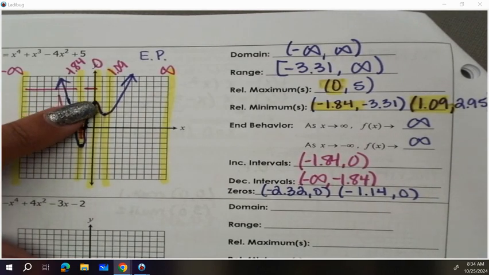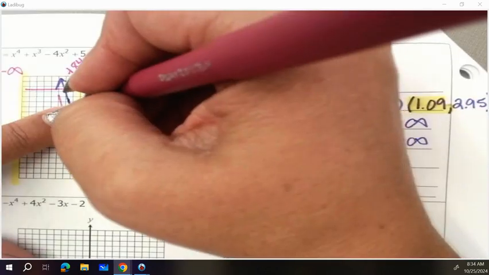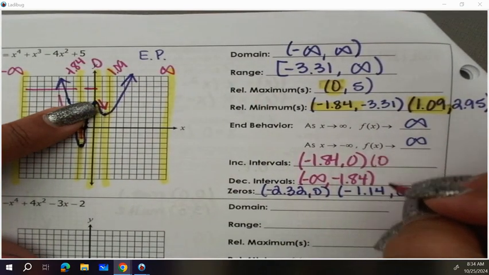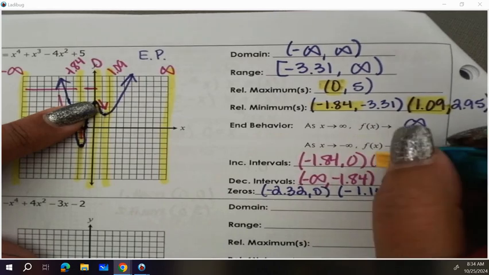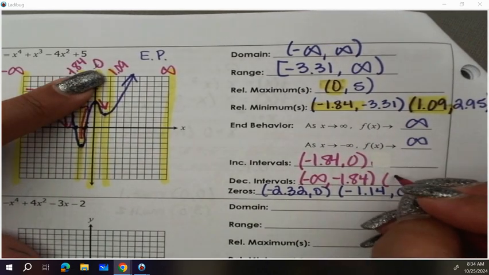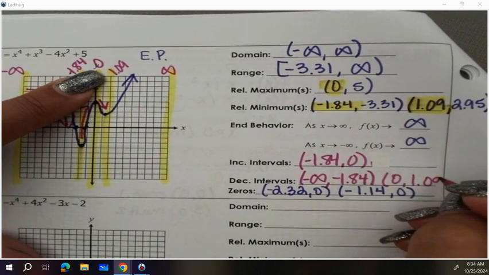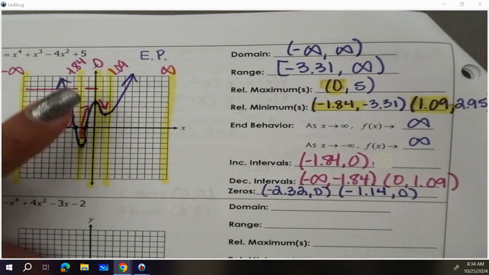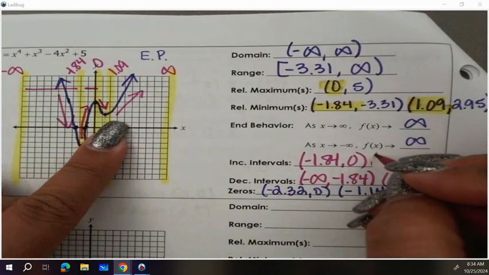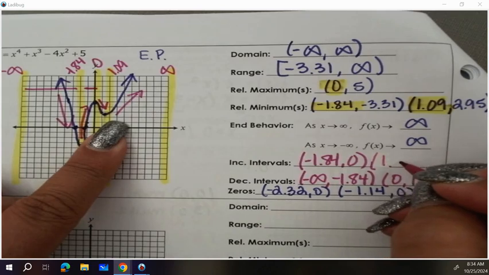Then in my next little section right here, I'm going downhill from 0. Oh, decreasing. Sorry, started putting it in the wrong spot. 0 all the way to 1.09. And then starting at 1.09 and going all the way out to positive infinity, I'm increasing again.